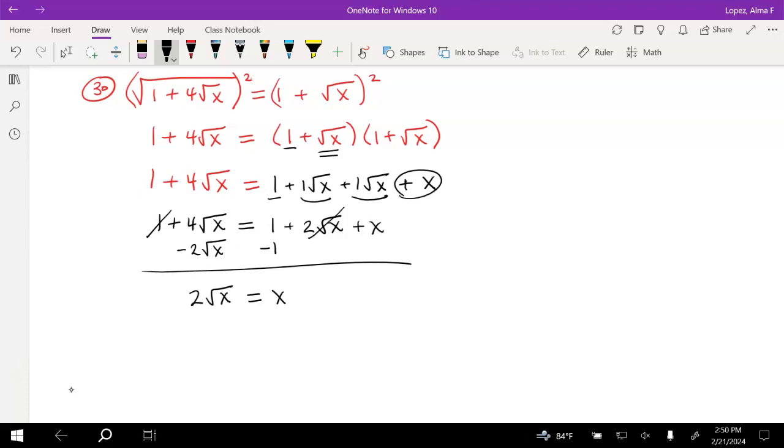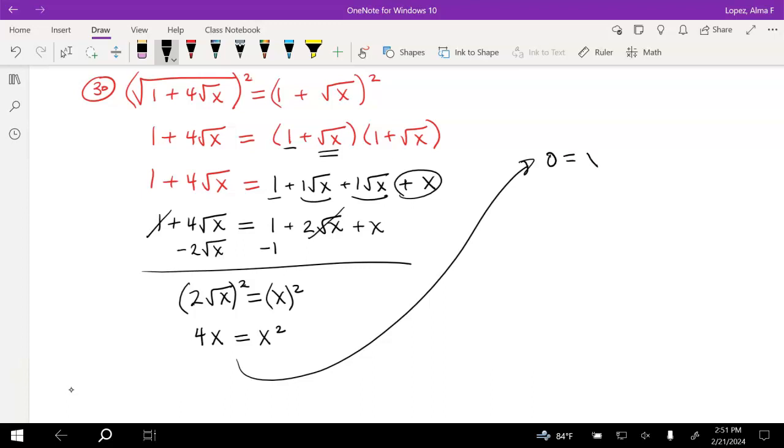Now, I could divide by 2 to continue, but that's going to make it messy. I'm going to go ahead and square both sides. The 2 squared becomes 4. The square root of x squared, the x comes straight down when the square root and square cancel each other out. On the other side, I end up with x squared. That is a quadratic right on the verge. I'm going to start by moving the 4x over to the right side because I'd like to keep my squared term positive.